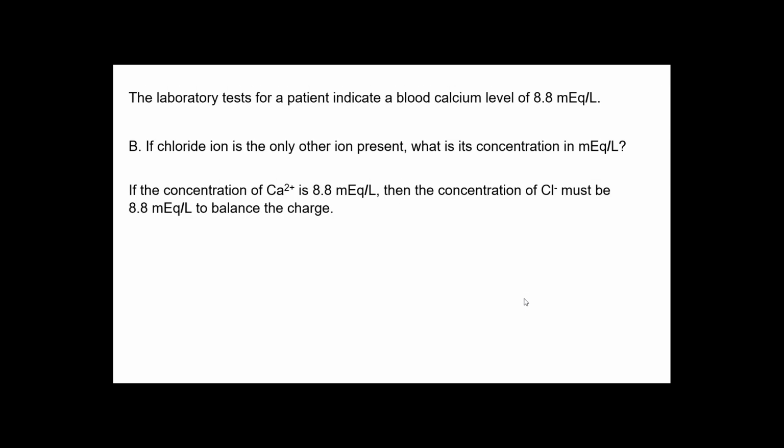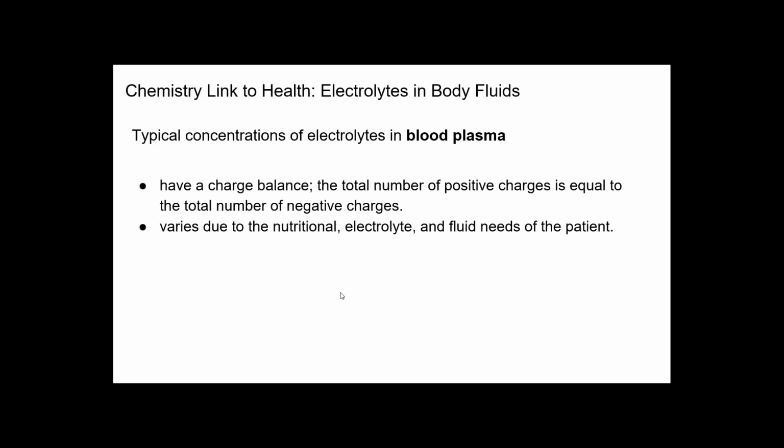So if the concentration of calcium ion is 8.8 milliequivalents per liter, then the concentration of chloride ion must be 8.8 milliequivalents per liter to balance the charge. We have to have it balanced because ionic compounds are ionic compounds because of the cation and the anion. We don't just make that disappear.